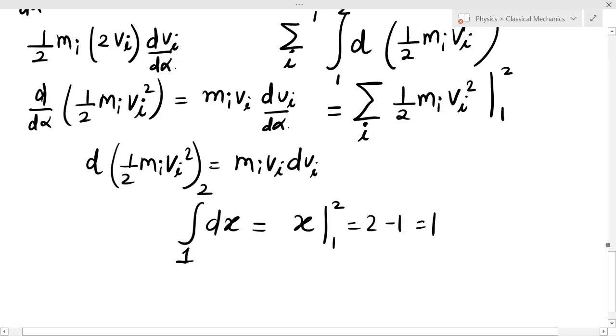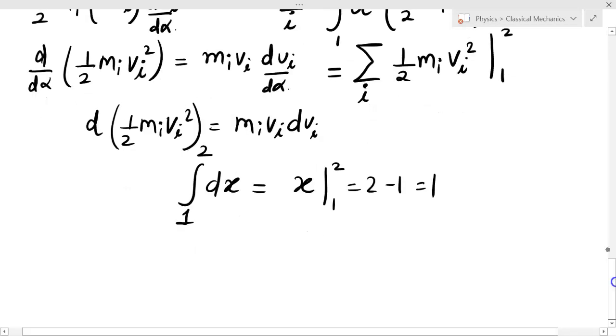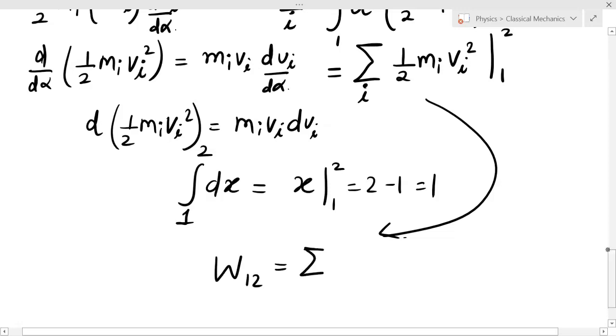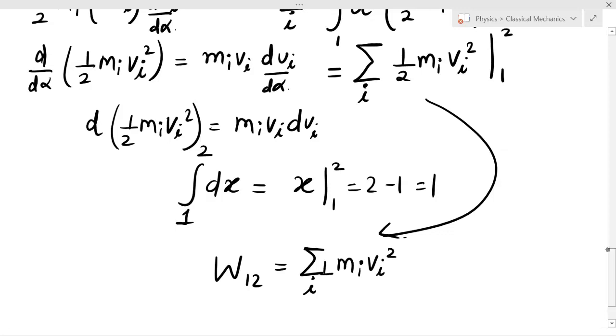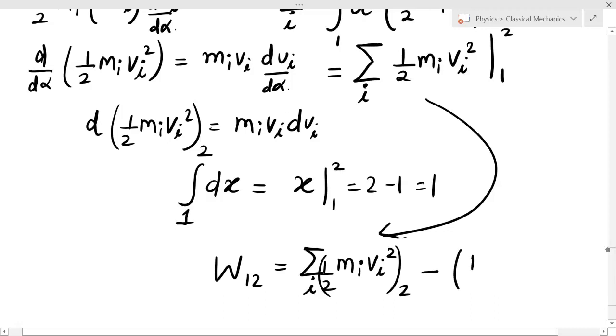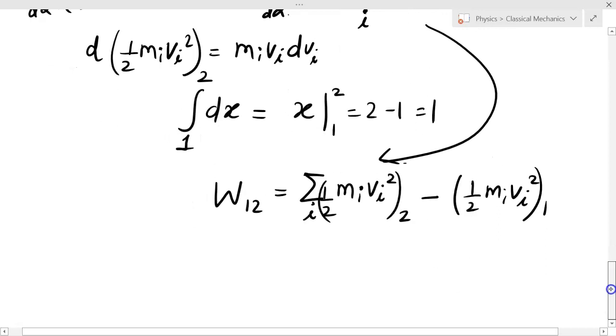So here I will write the work done W12. Work done W12 is equal to summation over i of half mi vi square in the second configuration minus half mi vi square in the first configuration.